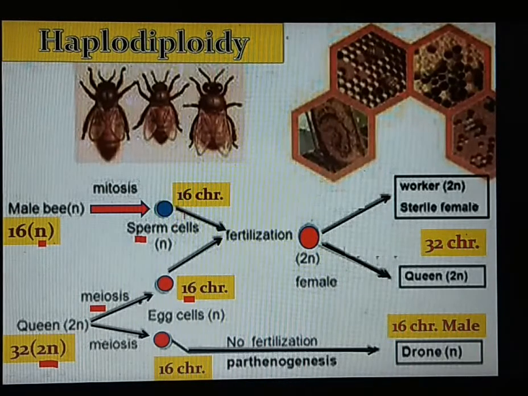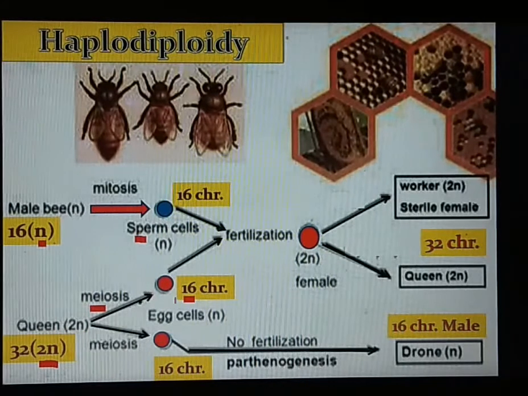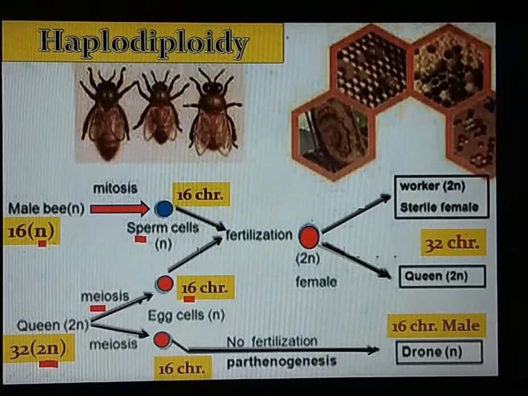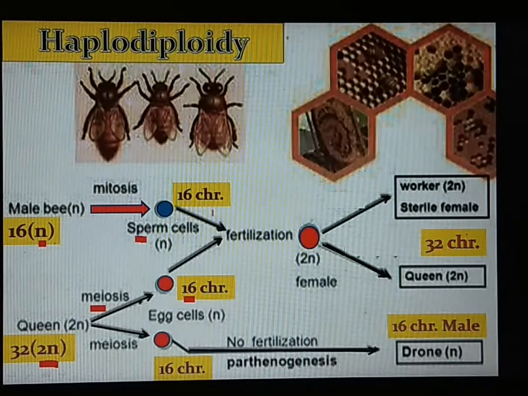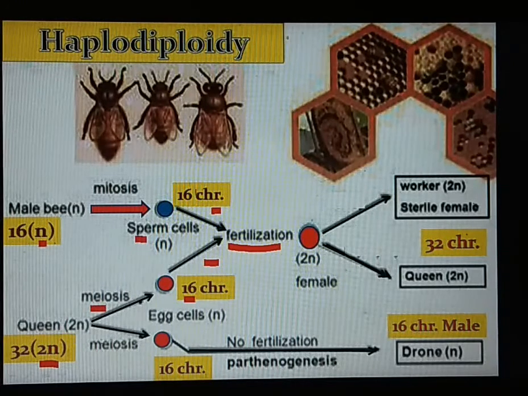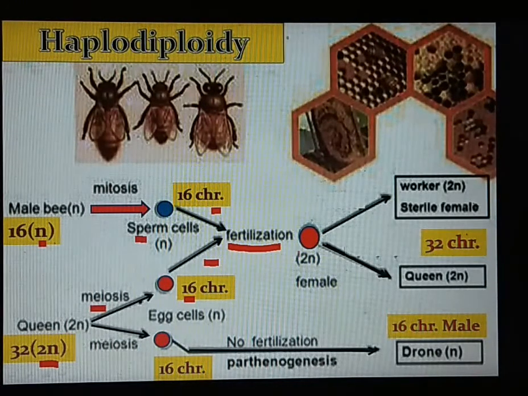So the male gamete has 16 chromosomes, and the female gametes also have 16 chromosomes. The union of this male and female gamete is called what? Fertilization or syngamy. Yes.